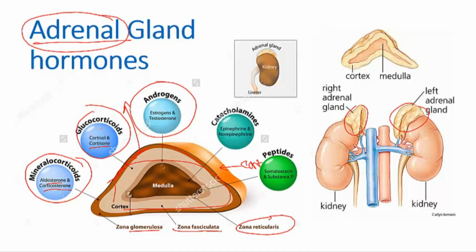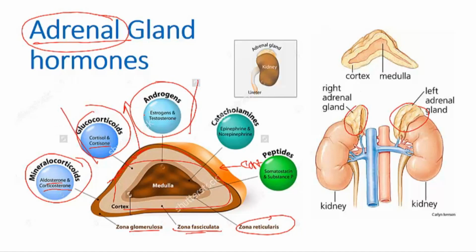So glucocorticoids are secreted mostly by the zona reticularis and zona fasciculata, while the zona glomerulosa is the only one which secretes the mineralocorticoids. The rest of the regions secrete glucocorticoids and androgens together.